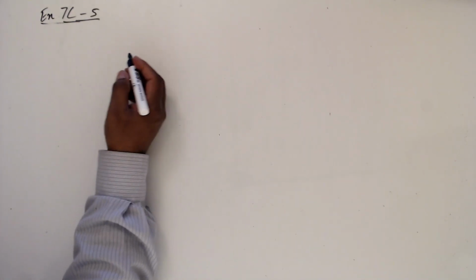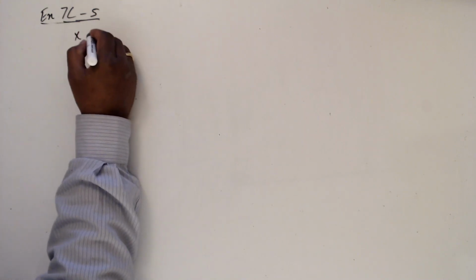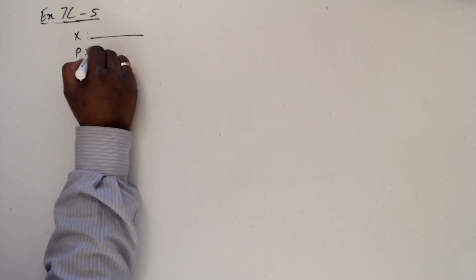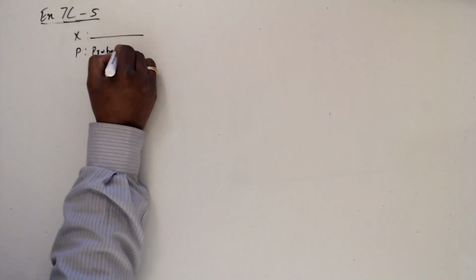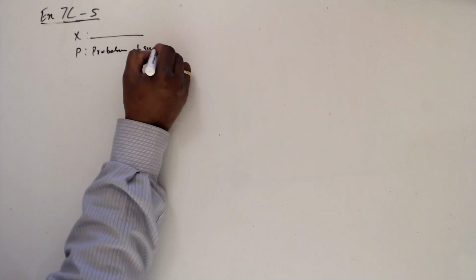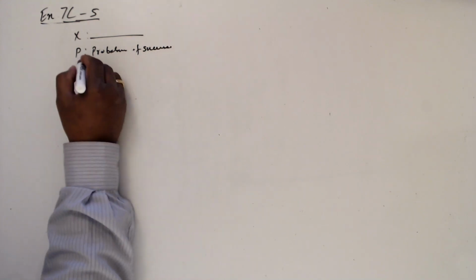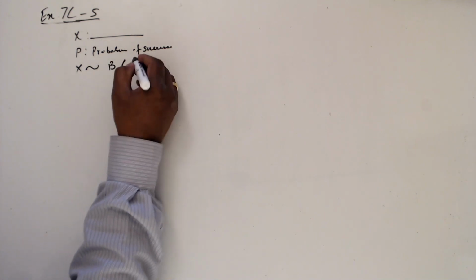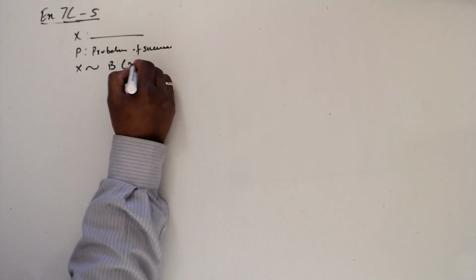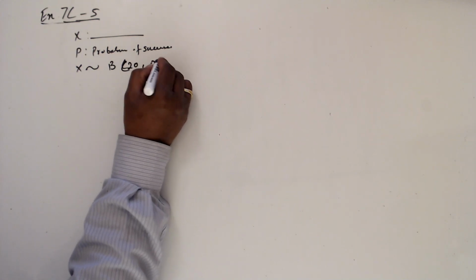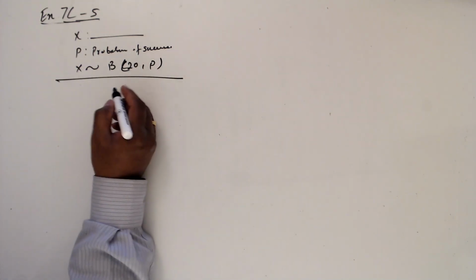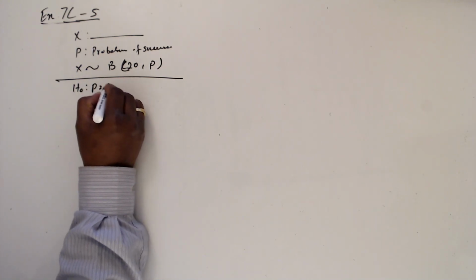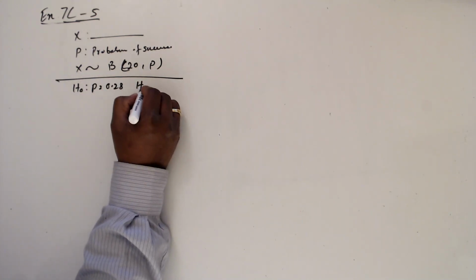Question number 5. Again, X will be the random variable, P is the probability of success, and X follows binomial 20, P. H naught is P equals 0.28.